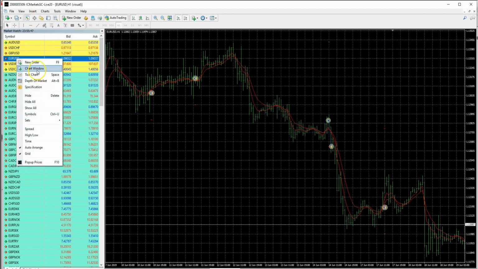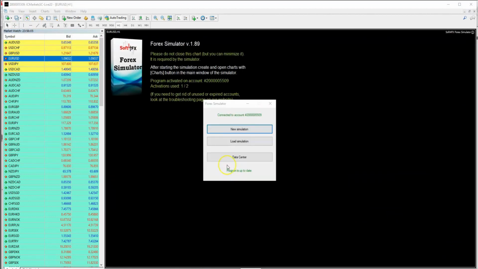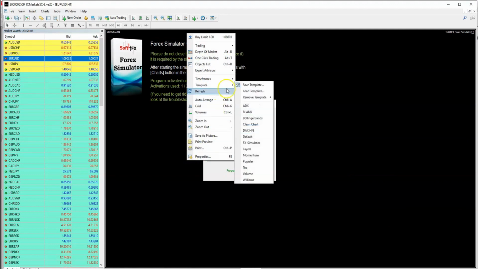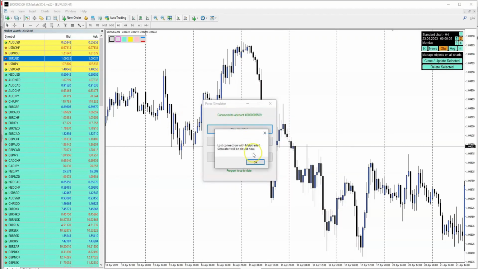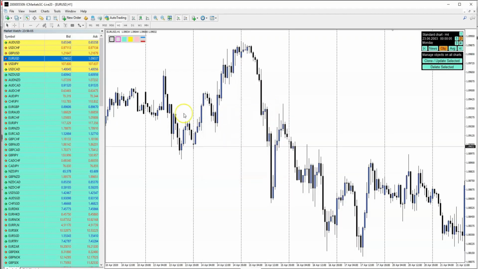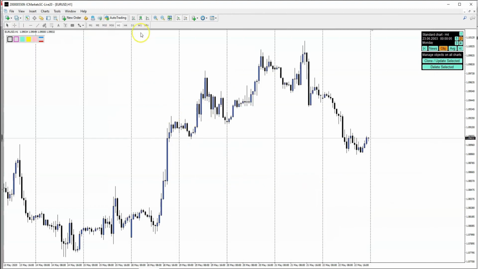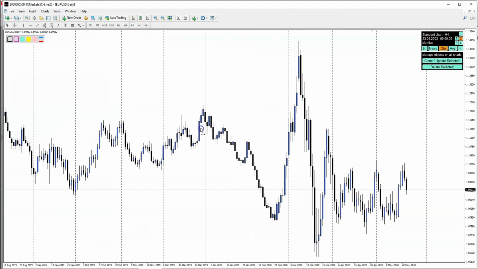So EURUSD chart window, and let's just load a blank template up. Right, so I'll stick on the daily, and we'll go back 12 months. Well, we'll go back for 2019, so that's February. Let's go back one more.